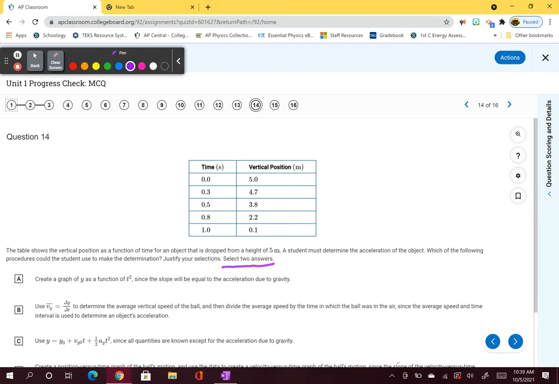So let's just go through it. It says create a graph of y as a function of t, since the slope would be equal to the acceleration due to gravity. So y, remember this is y, this is t.